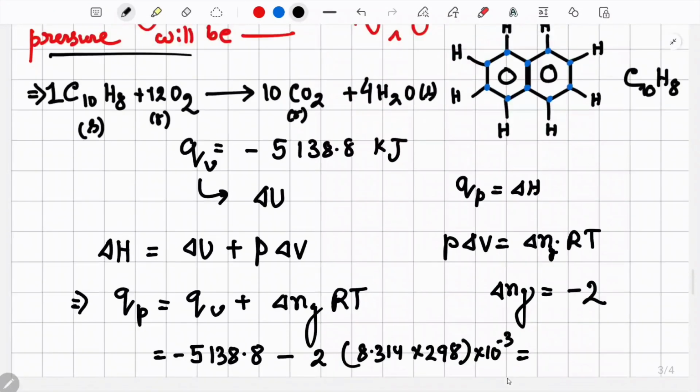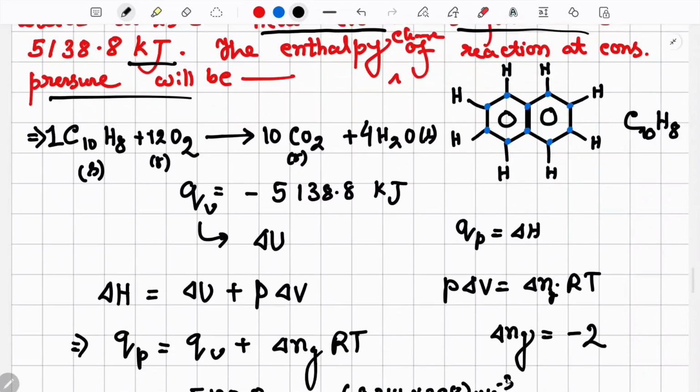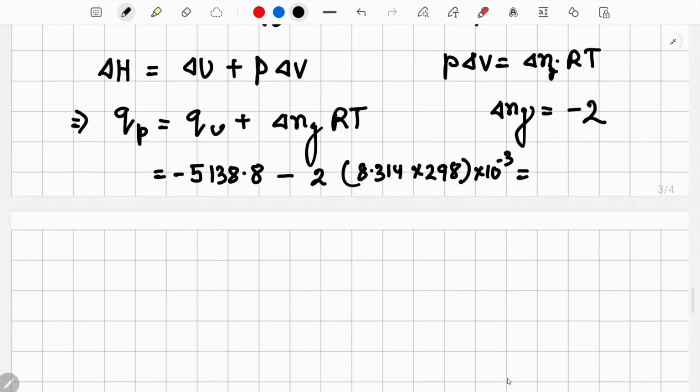This is in kilojoule. Is it clear why this should be considered like this? The answer is minus 5143.75 kilojoule.